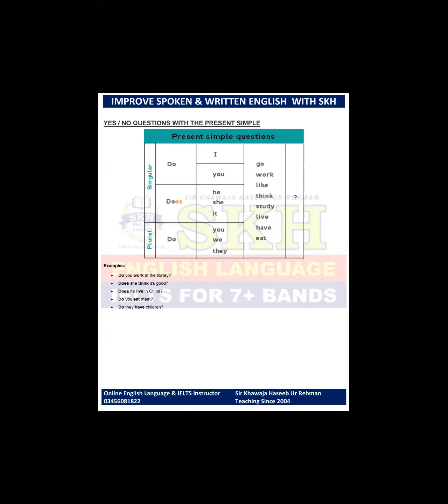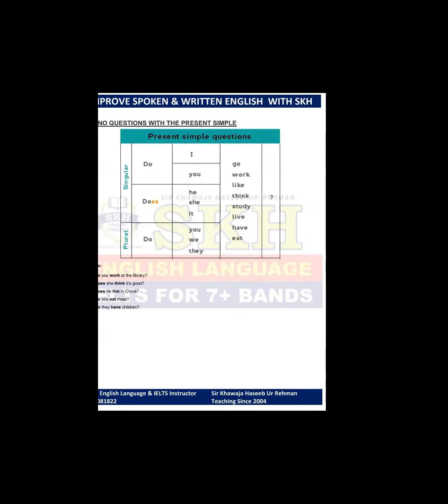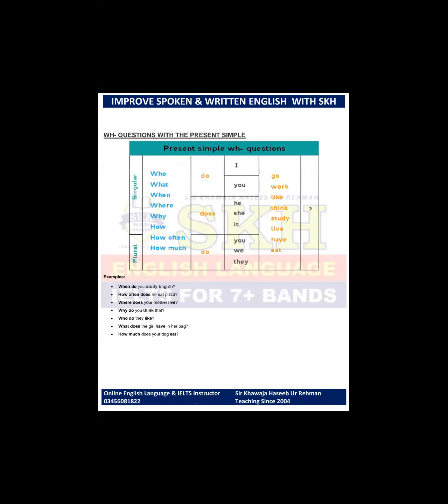Okay, now I think I should move forward. I've already asked so many questions, so I should explain something else as well. Now the WH words are here: who, what, when, where, why, how often, how much. Let's practice on this. With the WH questions, do depends on the pronoun.